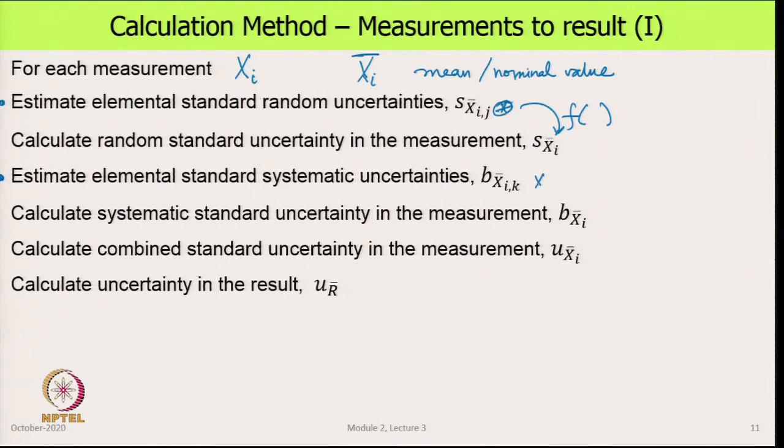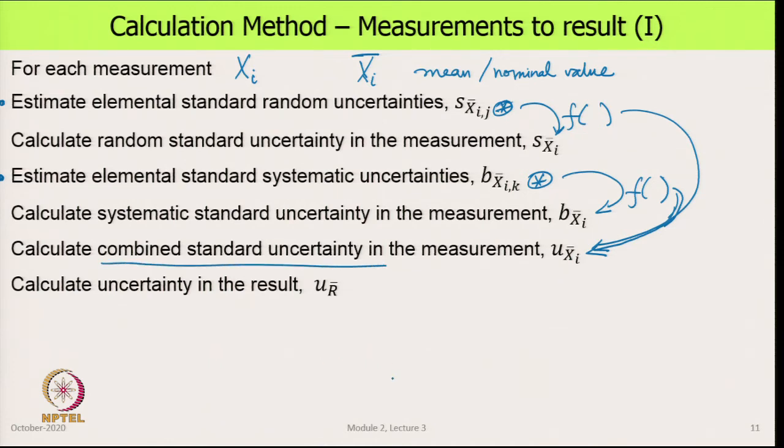We do the same thing with the systematic uncertainties, get the elemental standard systematic uncertainty, and using this we then take a function and calculate the systematic standard uncertainty in a measurement. And then we combine these two, this comes from here, this joins it here, and these two together give us the combined standard uncertainty in the measurement, u xi bar.